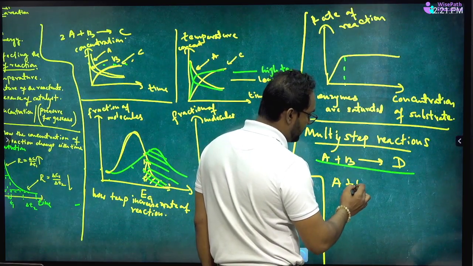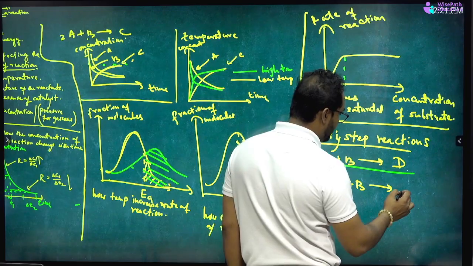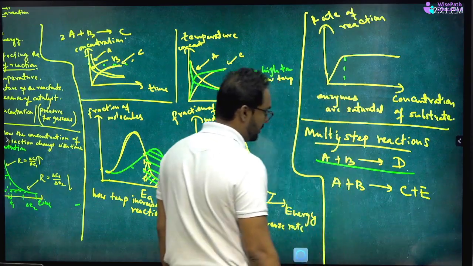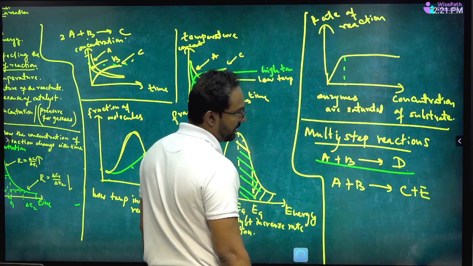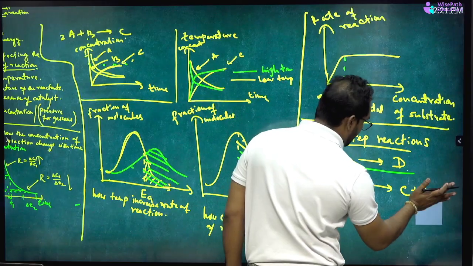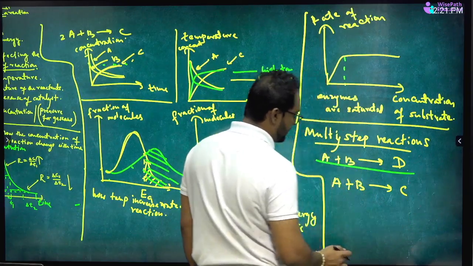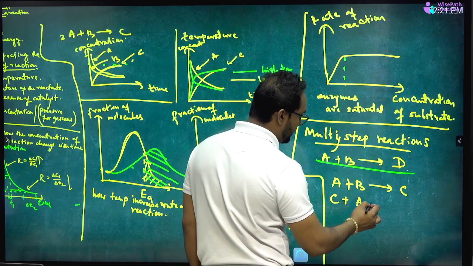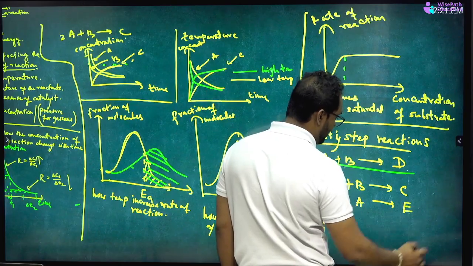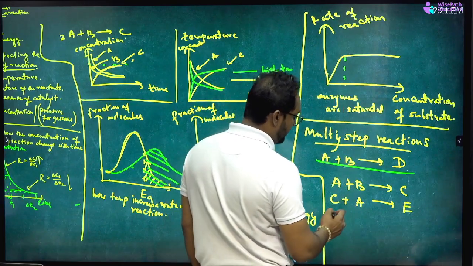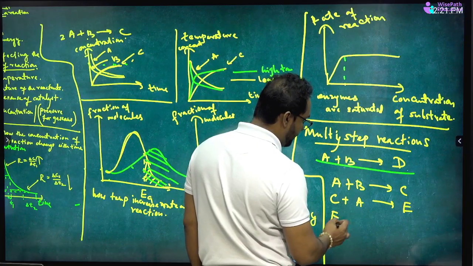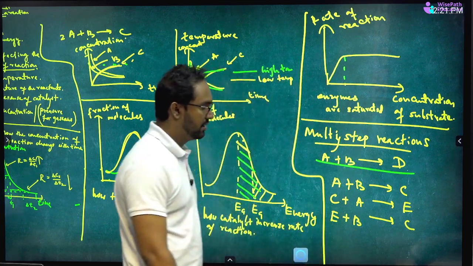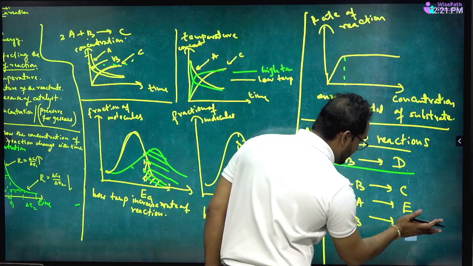A plus B is reacting and producing C plus E, right? Or let's say C is produced. Now the C is reacting with A again and producing E. And the E is reacting with B again and producing, sorry, producing D. D is the last one.